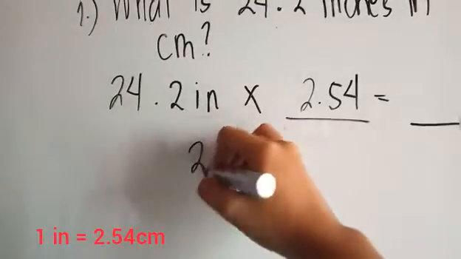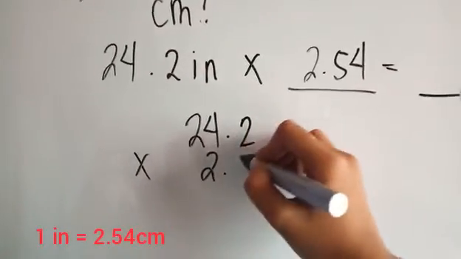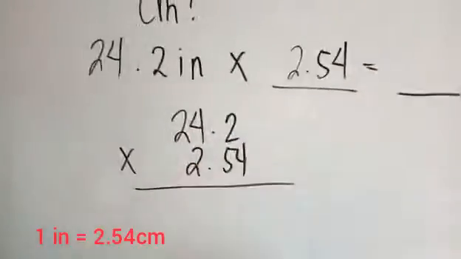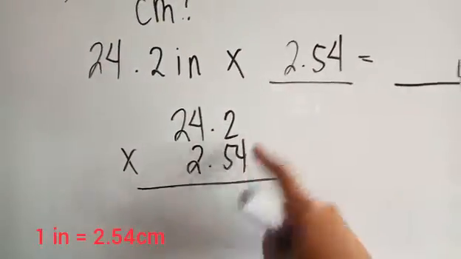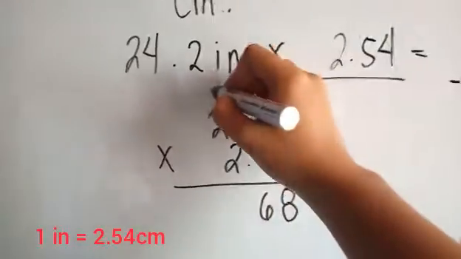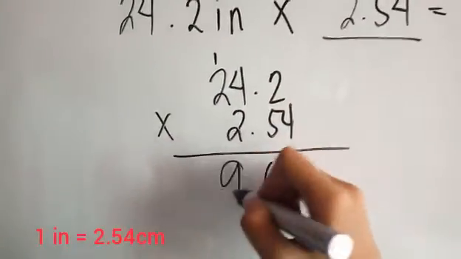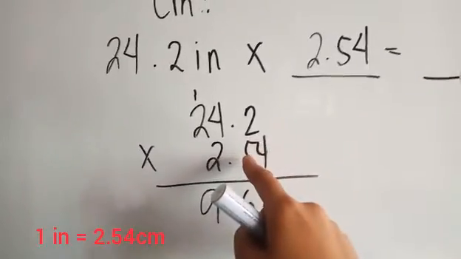So, we have 24.2 times 2.54. So, we have 4 times 2 will give us 8. 4 times 4, 16. Carry 1. 2 times 4 is 8 plus 1, 9. So, next, dito tayo.